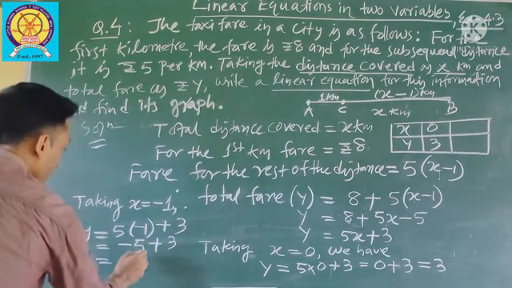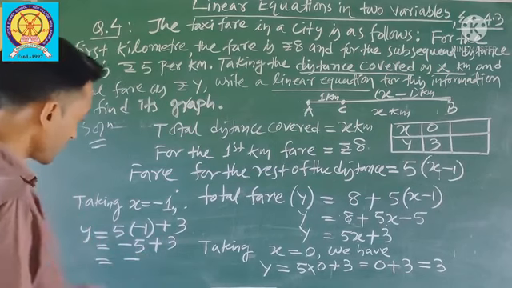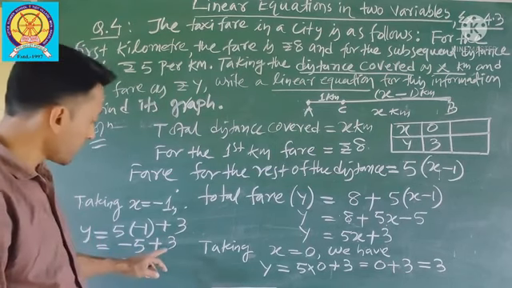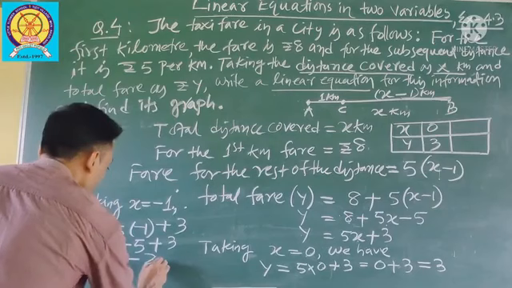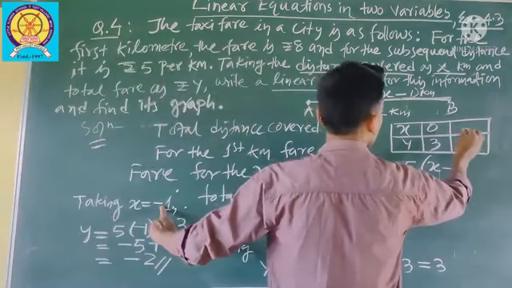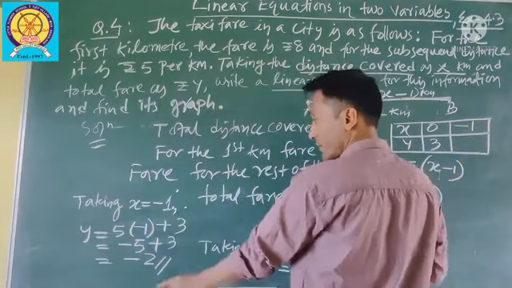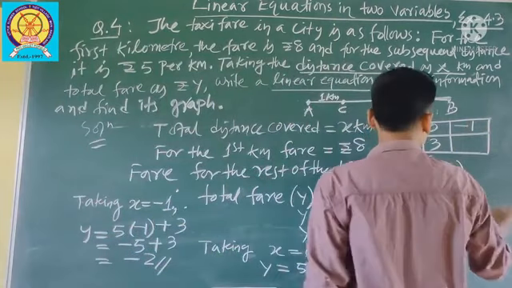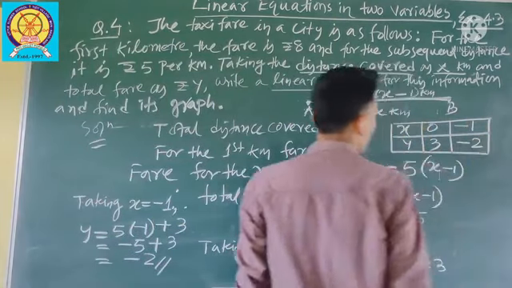Before 5 we have minus, so subtract: 5 minus 3 is 2. So when x is minus 1, y is minus 2.